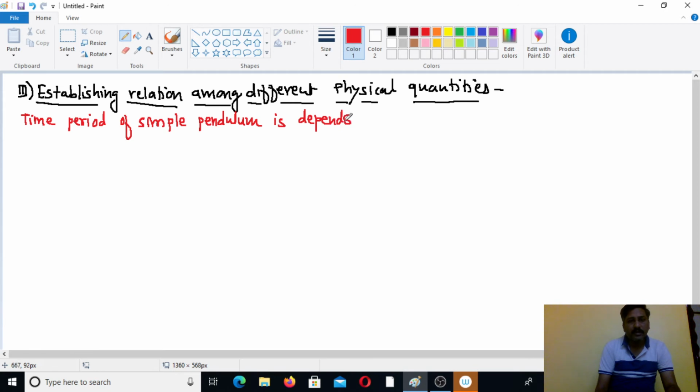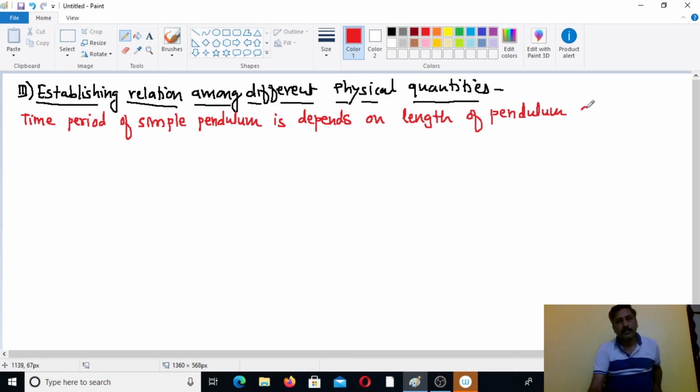The time period depends on the length of the pendulum and the acceleration due to gravity. Everyone knows that the average value of acceleration due to gravity is 9.8 meter per second square.